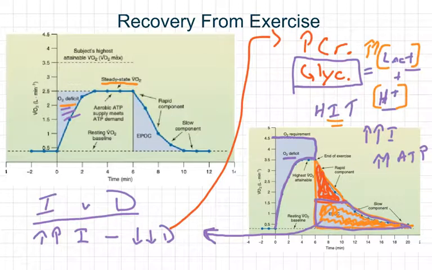Again, we stated that the most important concept of the slow component of EPOC is lactate clearance. So it's not too far to understand that if you have greater concentrations of lactate, it's going to take much longer for the body to clear it out.